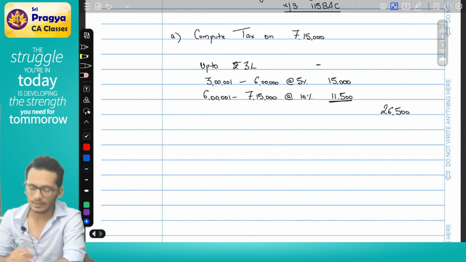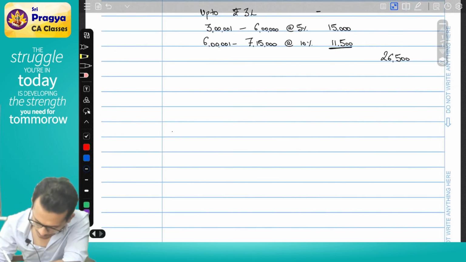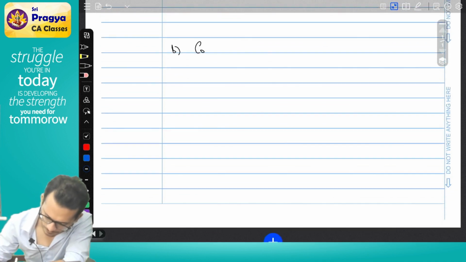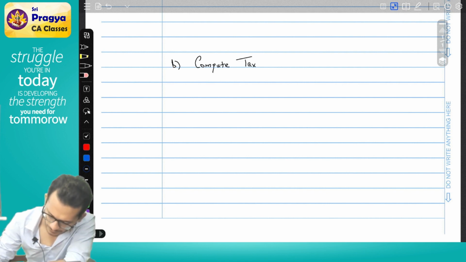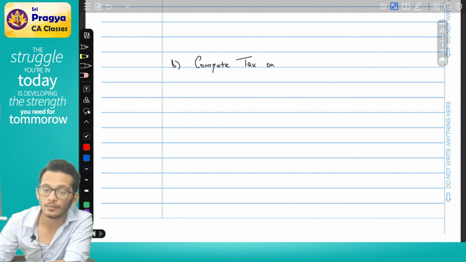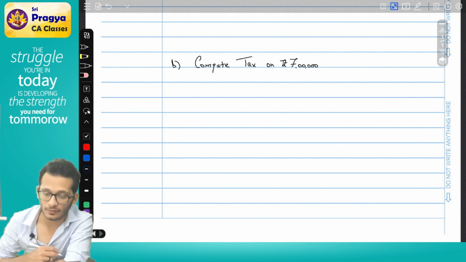With me till here? Yes. Leave some 4 lines. Step number 2: compute tax on 7 lakhs.